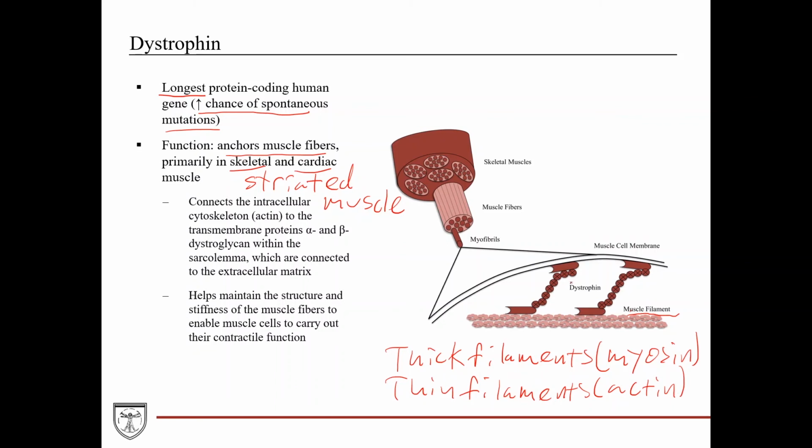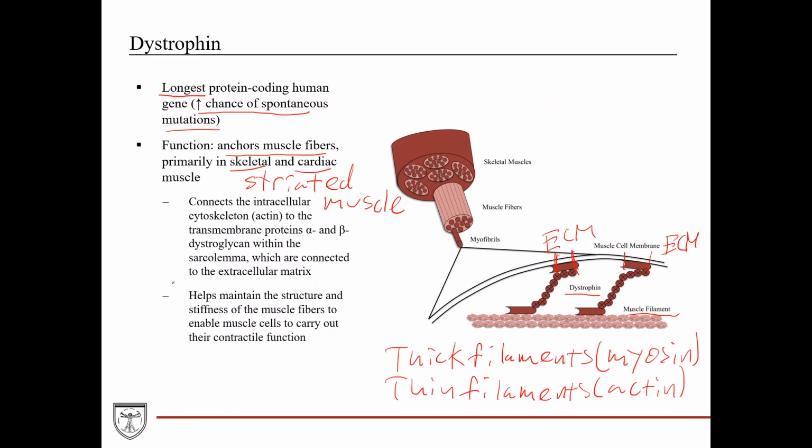What dystrophin does, as you can see here, is it helps anchor the cytoskeleton and these muscle filaments to these transmembrane proteins known as alpha and beta dystroglycan. You can see that here and here. These transmembrane proteins cross the membrane and then connect to the extracellular matrix out here.